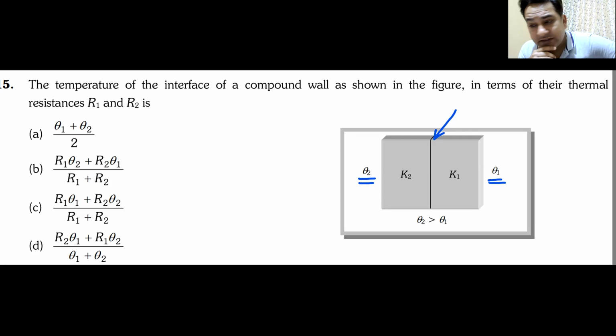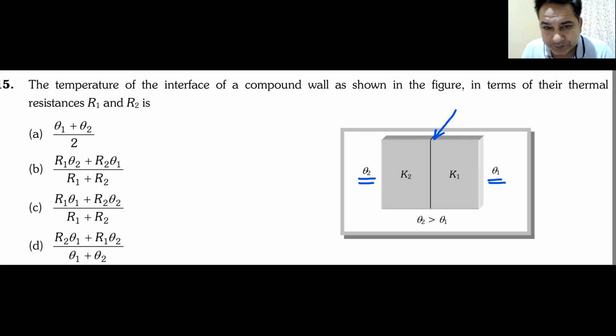The answer is C. I have told you this question, how this has to be done. Yes or no? If I say that the temperature of the interface is T, the same current will flow through the slab. So T minus theta 2.